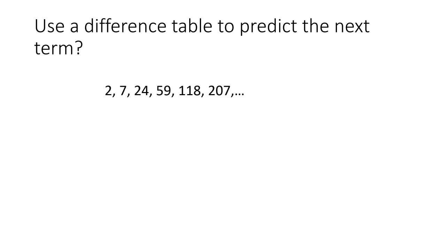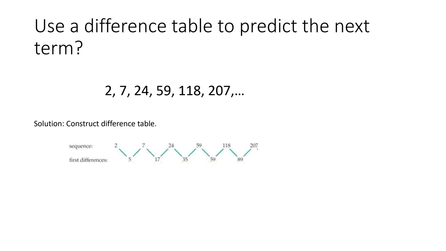So let's see if we can use a difference table to predict the next term. I start by doing the first differences by subtracting all of these consecutive numbers, and I get 89, 59, 35, 17, 5.